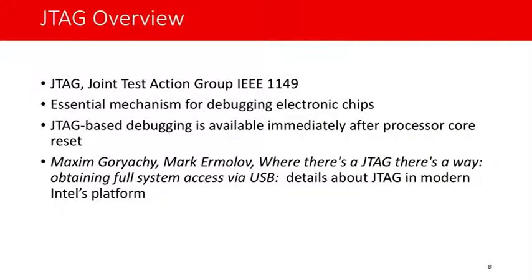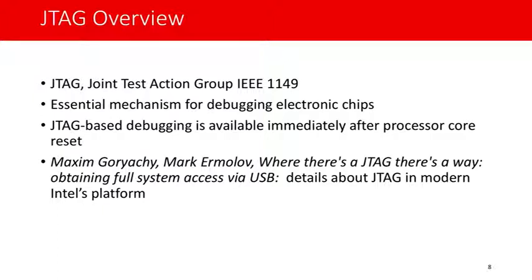But some overview of JTAG. JTAG stands for Joint Test Action Group, and you can find its description in IEEE standards, with the details available in the standard itself. There is also a paper available on our blog where the design is described in close detail.